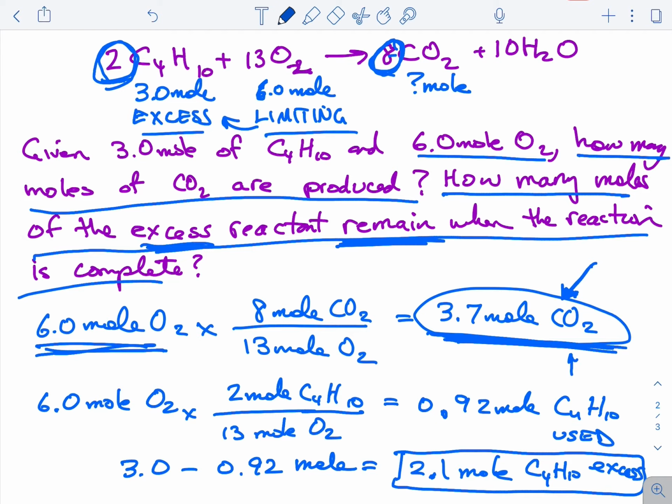We calculate over to how much of the excess is used, right? That's how much is used, and then we come down and subtract. This is the original amount, this is how much is used. The difference is how much is left over, all right? All right, let's do a practice problem.